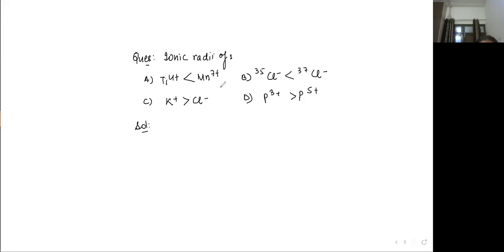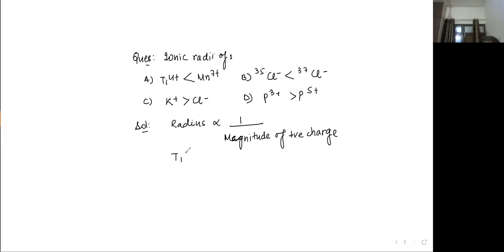If both are cations, and they belong to the same period, then the radius will be inversely proportional to the magnitude of positive charge. Good Lahari. Greater the magnitude, lesser will be the radius. Yes or no?